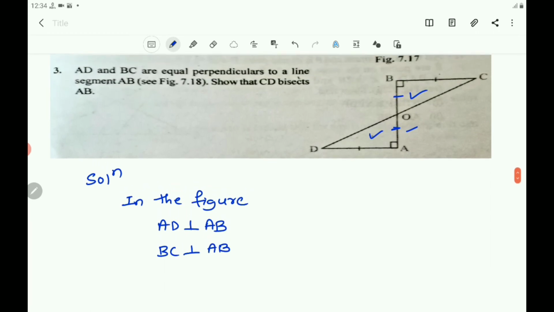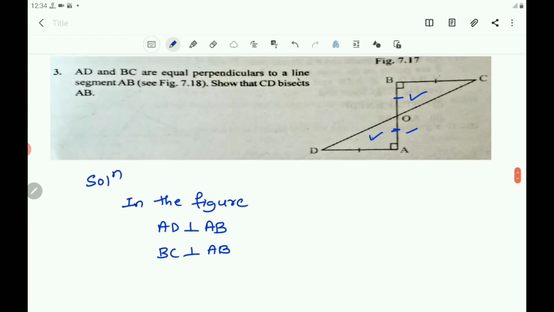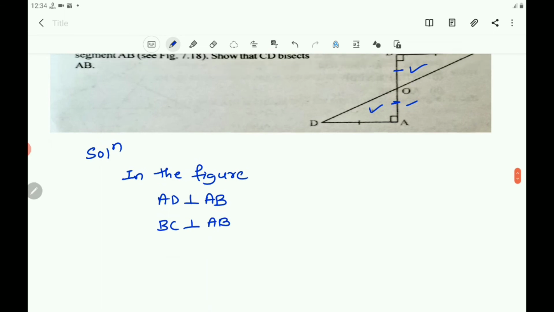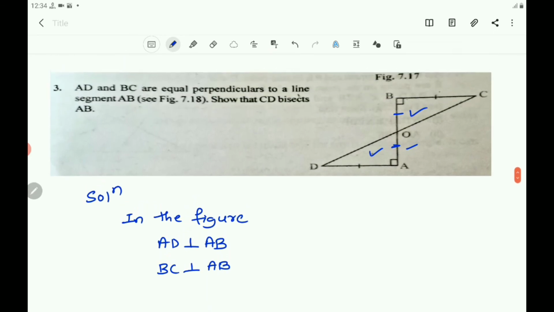Now you write the names of the triangles OBC and OAD. And how will you prove that they are congruent? Here the angles are equal. They are right angles, it is given. And these two angles are vertically opposite angles.